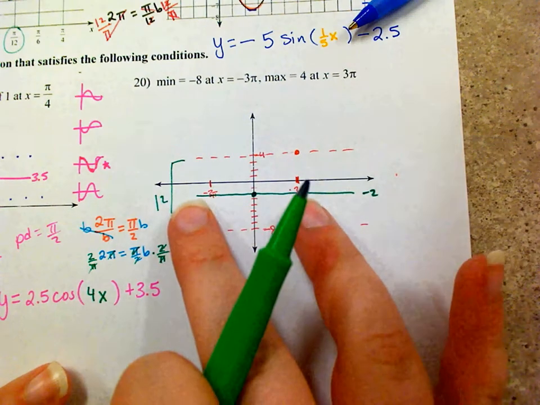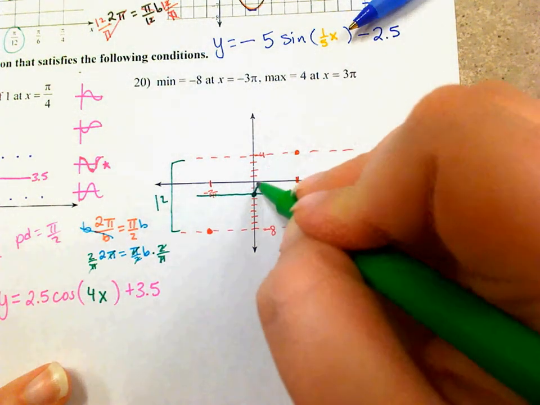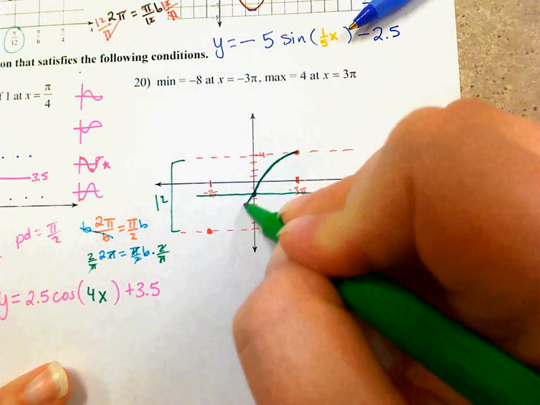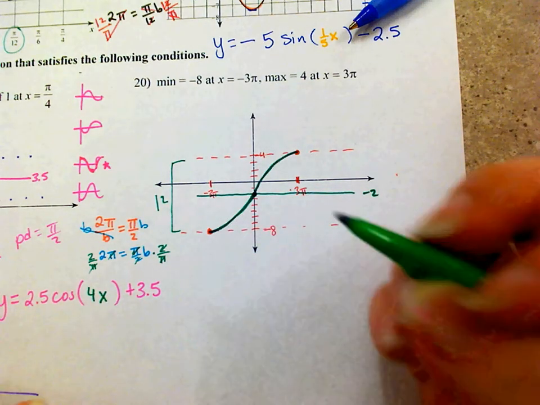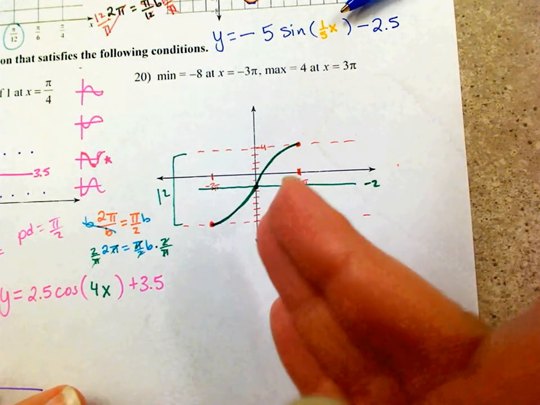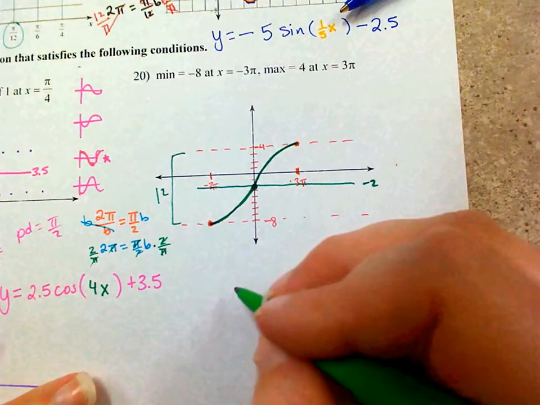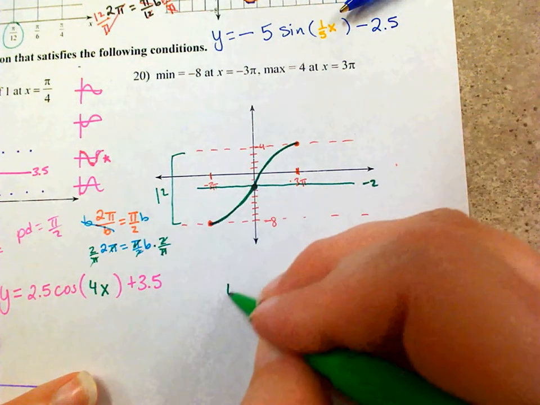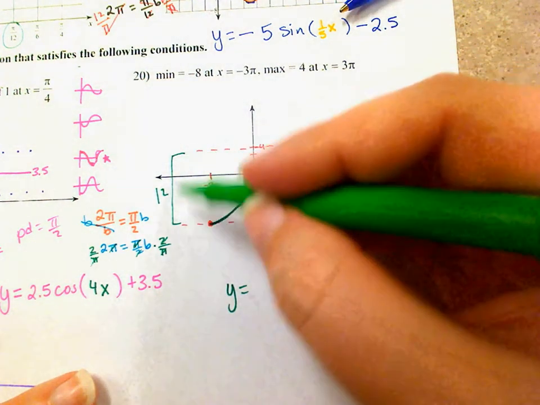When I think about what kind of wave this is, I think about where I started on the y-axis. I started at the midline, which implies a sine wave, and then it went up, which implies a positive sine wave. The total distance between max and min was 12, half of that was 6, so my amplitude is 6. My midline is at negative 2, which means my vertical shift is down 2.